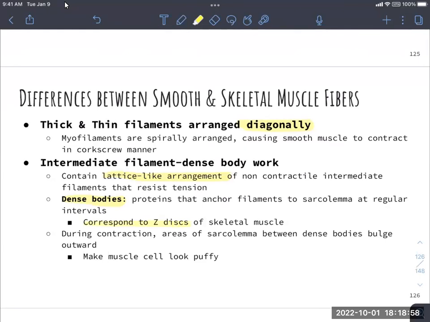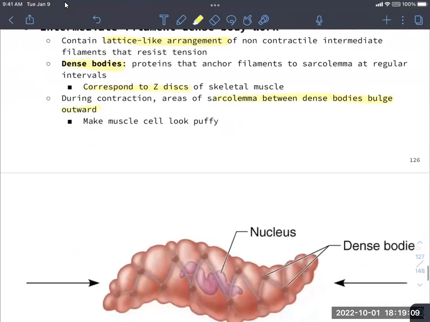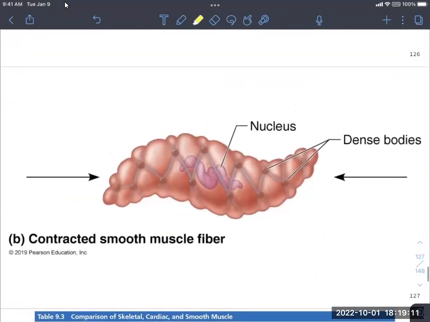So during that contraction, the sarcolemma actually starts to bulge outward. It makes that muscle cell look puffy. So here's a contracted smooth muscle fiber. You see these dense bodies here that help with this smooth muscle.